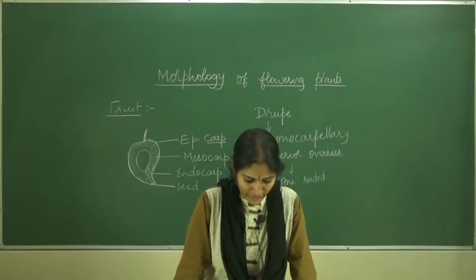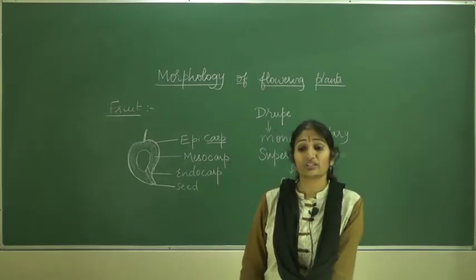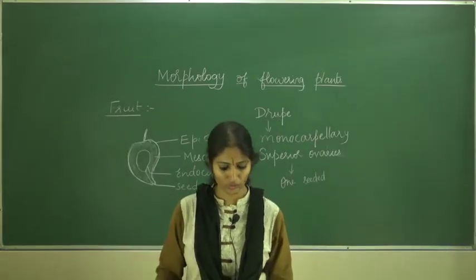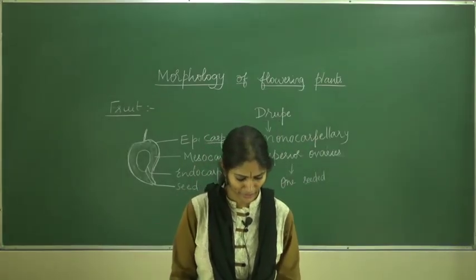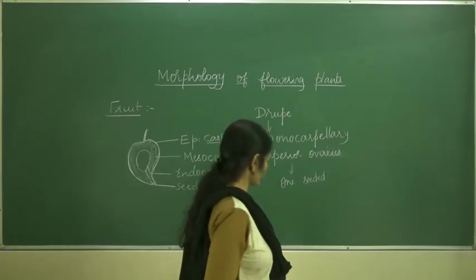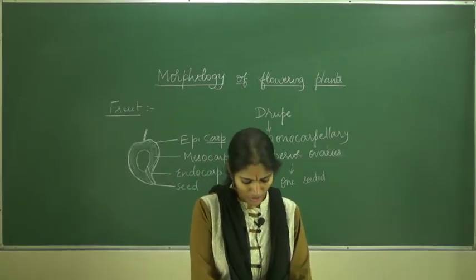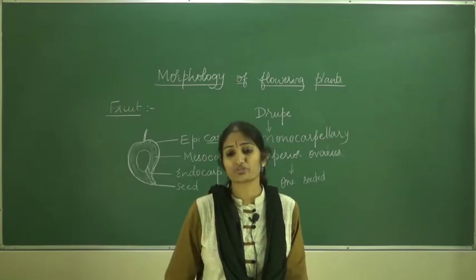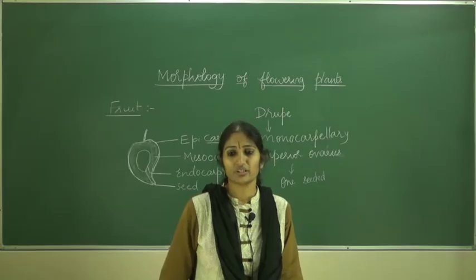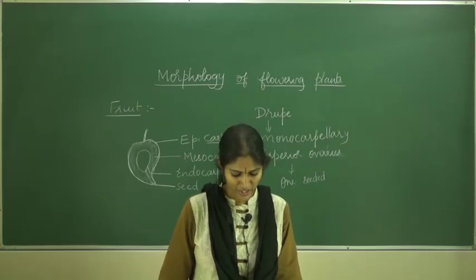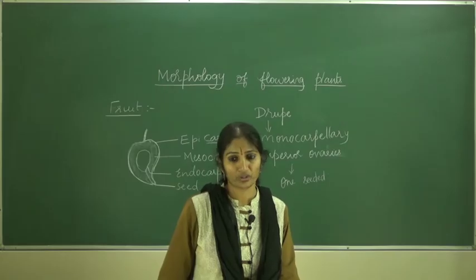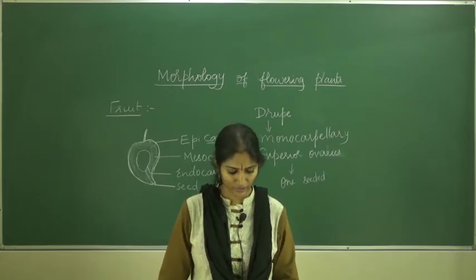One more example for this is our coconut. Coconut is also considered to be a drupe. You can see that there is epicarp, mesocarp, endocarp. Of these three, mesocarp is edible in most of the fruits which are drupes, but there is a stony hard endocarp.